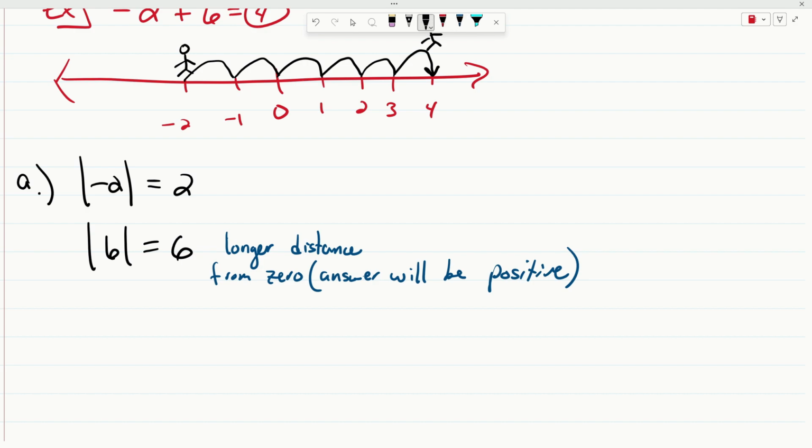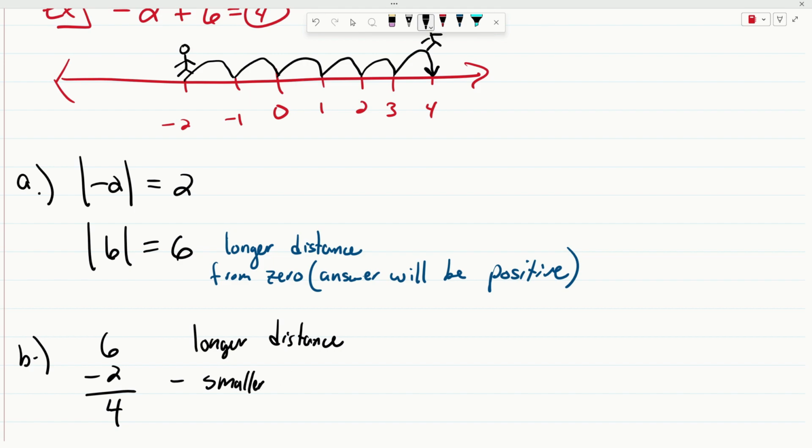The second thing that you did real fast in your head, the second thing is you said, okay, since 6 is the longer distance from 0, I'm just going to subtract the 2 numbers. I'm going to put the larger or the longer distance on top, and I'm going to subtract the smaller distance from it. That's what you did.